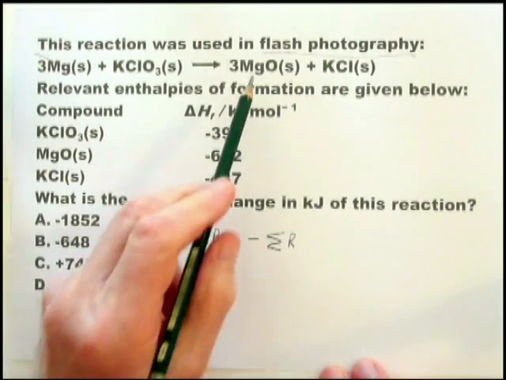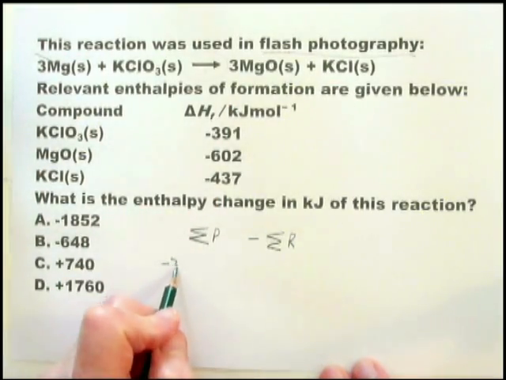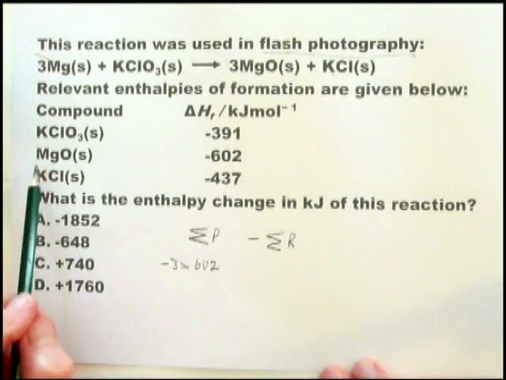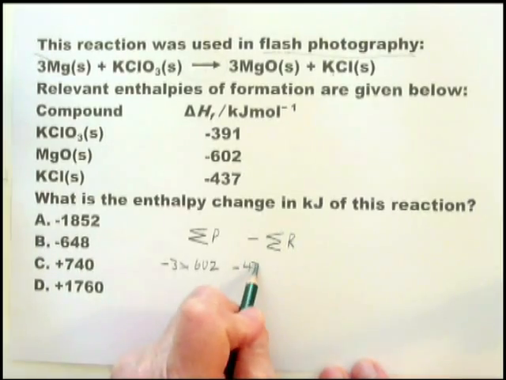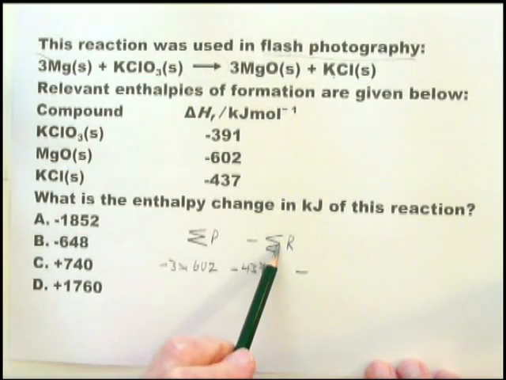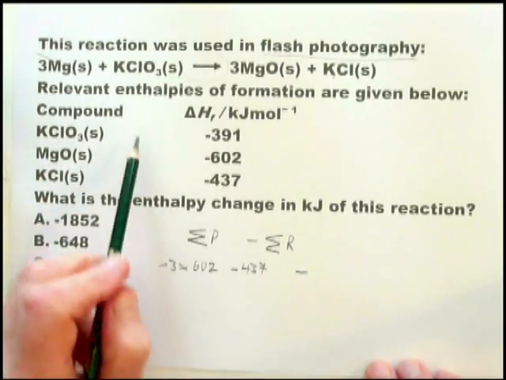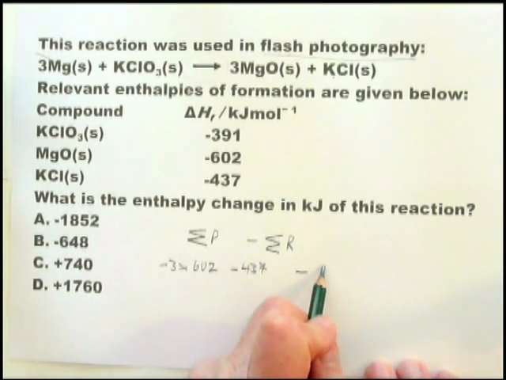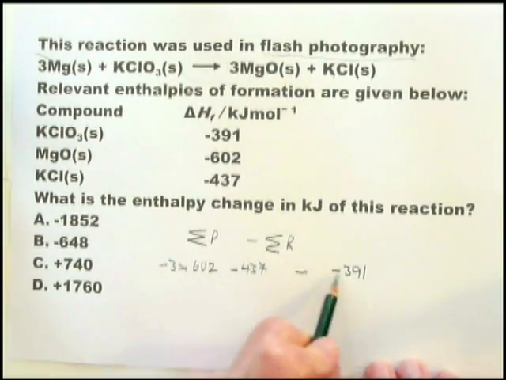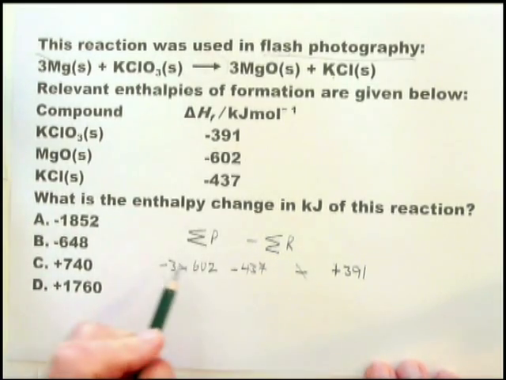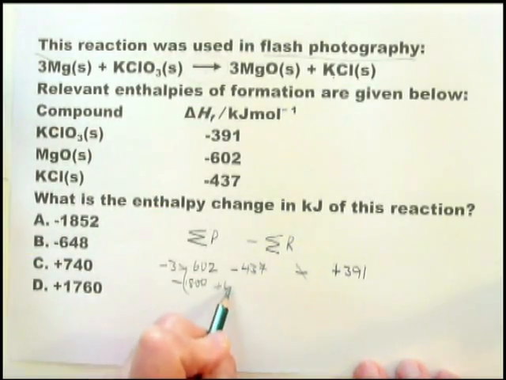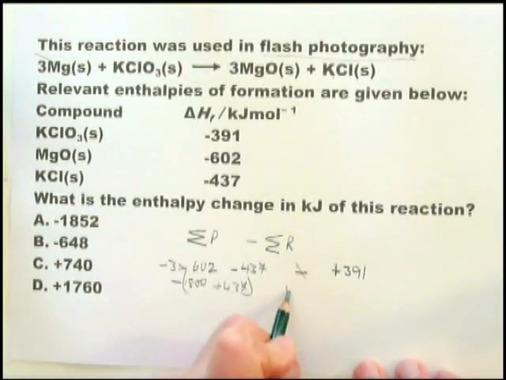So the delta H of formation of the products is 3 times that, minus 3 times 602, plus the KCl, which is minus 437, minus the delta H of formation of the reactants, which in this case is KClO3, and that's minus 391.